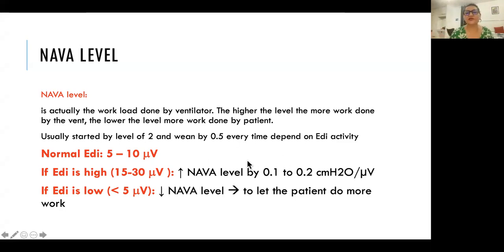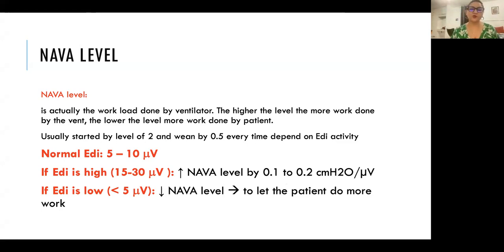So you will increase your NAVA level 0.1, 0.2 each time to see that the EDI level is coming to normal. But if your EDI level is too low, that means the baby doesn't require that much pressure, and doesn't require that much support of the ventilator.